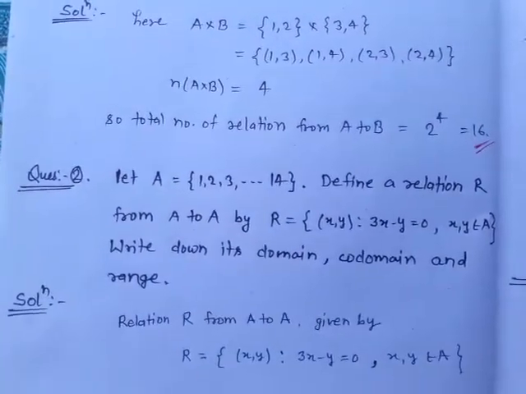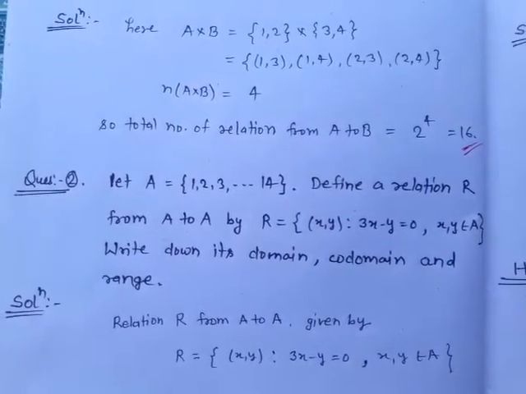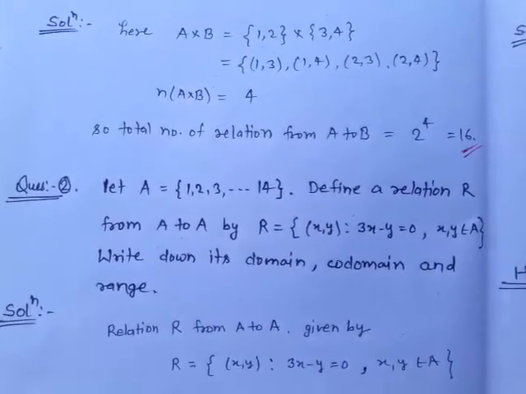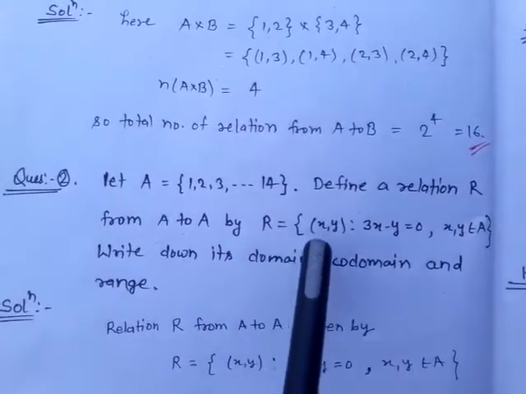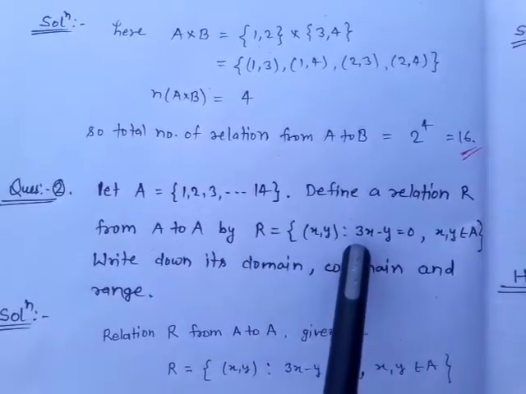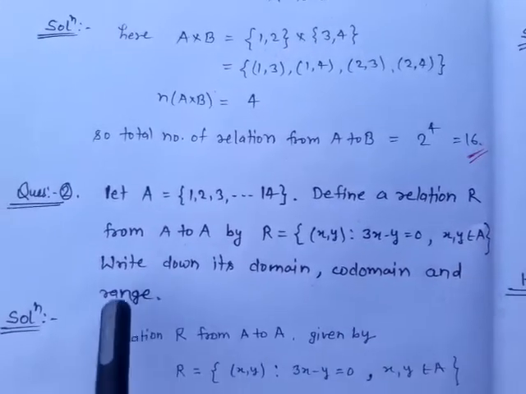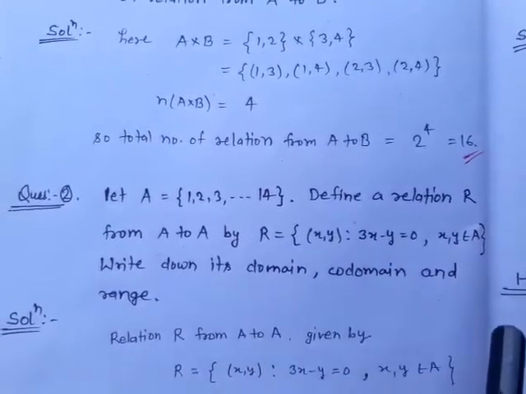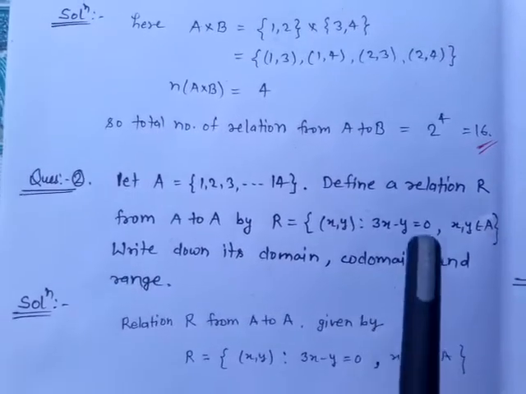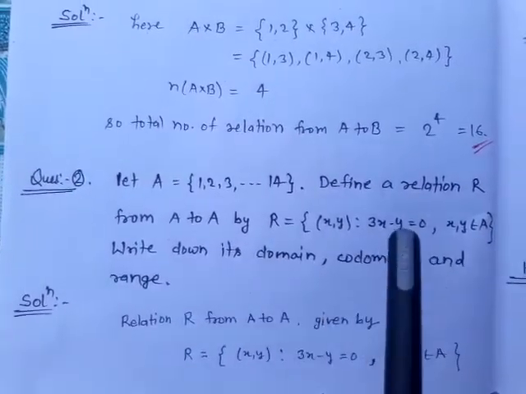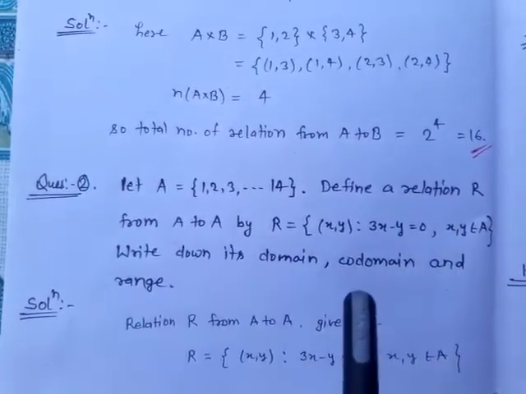Now we move to the second question. Let A equal 1, 2, 3, ..., 14. Define a relation R from A to A by R equal to the ordered pairs (x,y) such that 3x minus y is equal to 0, where x and y belong to A. Write down its domain, codomain and range. In this question we find the relation in roster form and find these three terms.